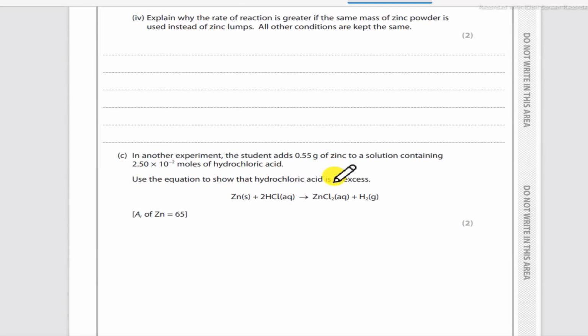Explain why the rate of reaction is greater if the same mass of zinc powder is used instead of zinc lumps. All other conditions are kept the same.